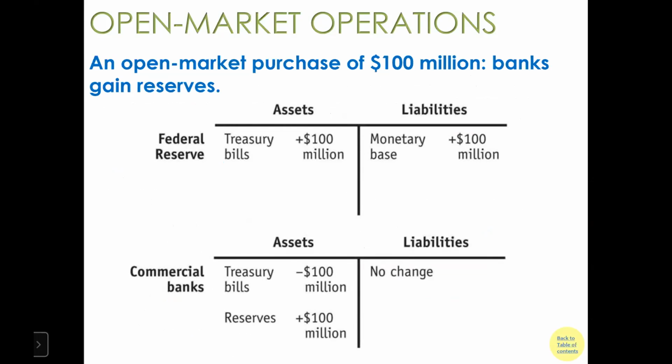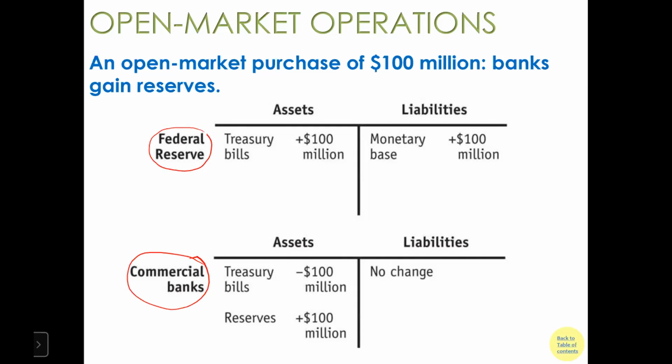Okay, now let's see how this works. First of all, the Federal Reserve buys treasury bills not from the Treasury Department. Instead, they purchase treasury bills from commercial banks. I'm going to explain later why they don't buy treasury bills from the Treasury Department directly. Okay, let's take that as given and see how things go.